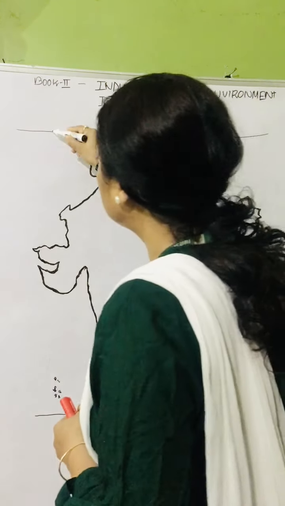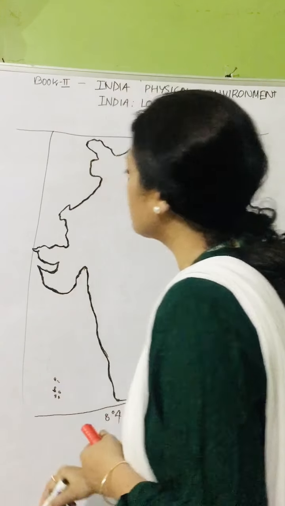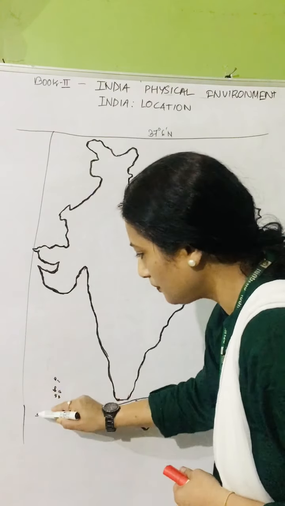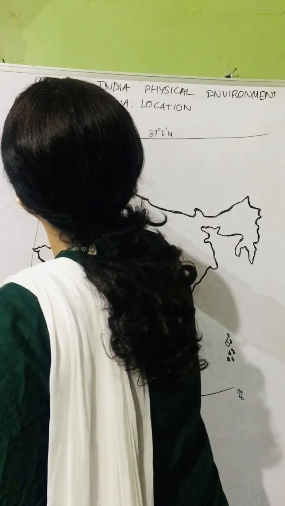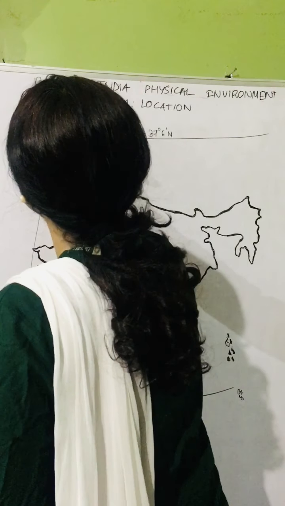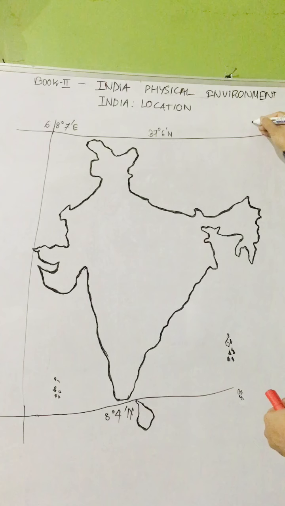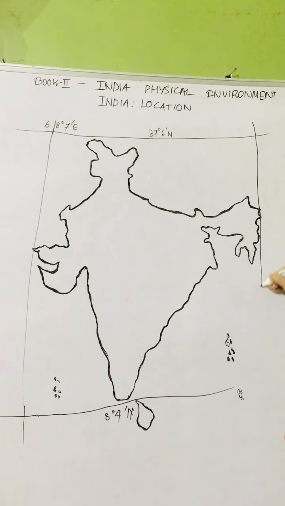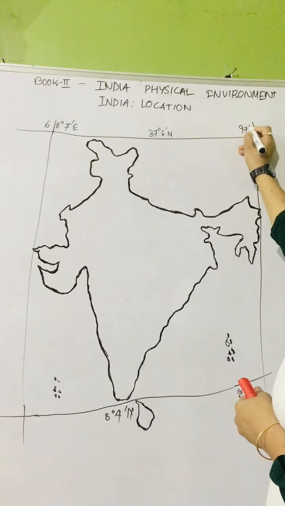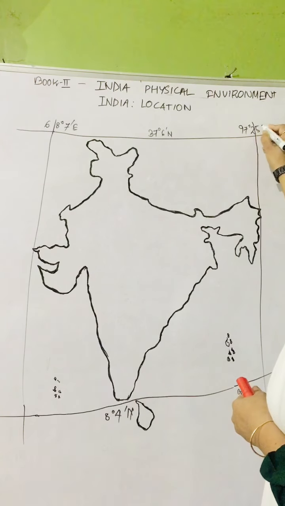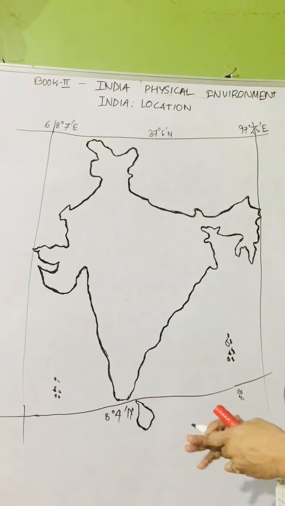Now we talk about the westernmost longitude that touches the boundary of Gujarat, which is 68 degree 7 minute east, and the longitude which touches the easternmost is 97 degree 25 minute east.